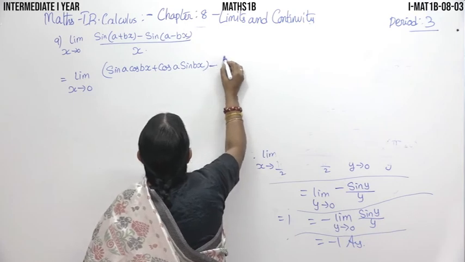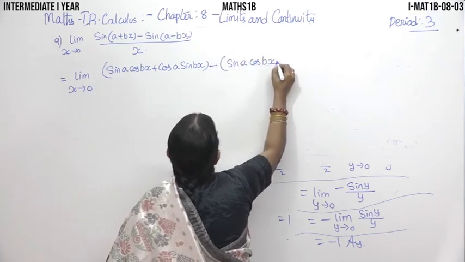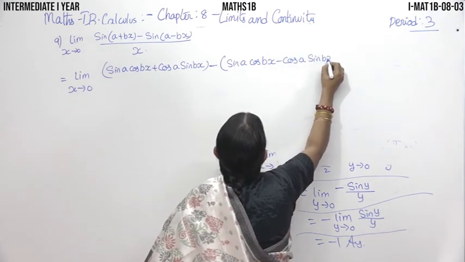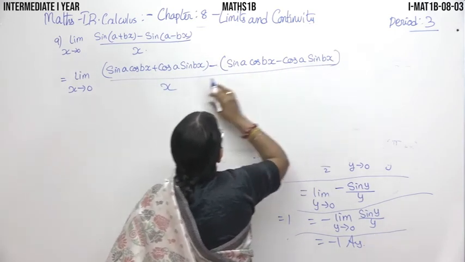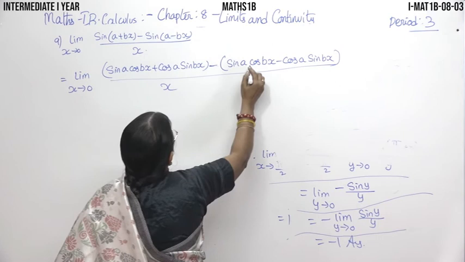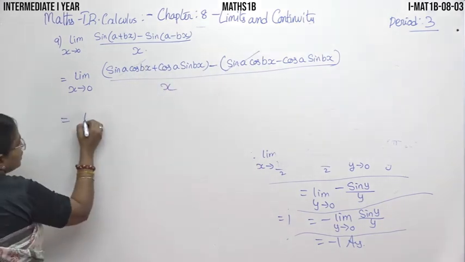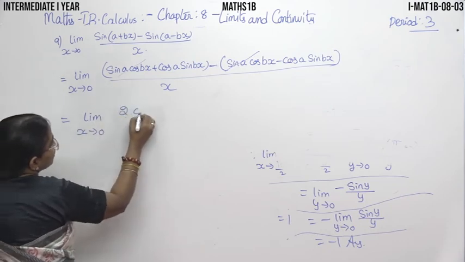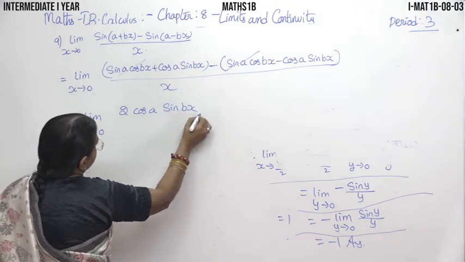So it is minus of sin a cos b minus cos a sin b, where b means bx, by x. So when you remove the brackets, these two will get cancelled. Sin a cos bx will get cancelled. So it is limit x tending to 0 of 2 times cos a sin bx by x.